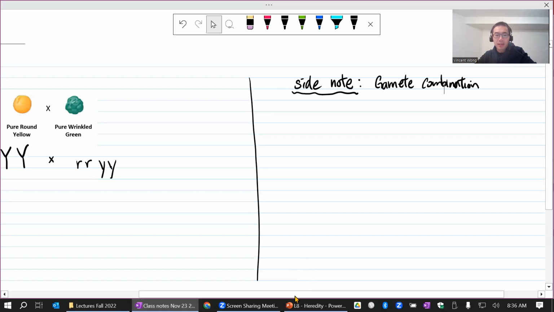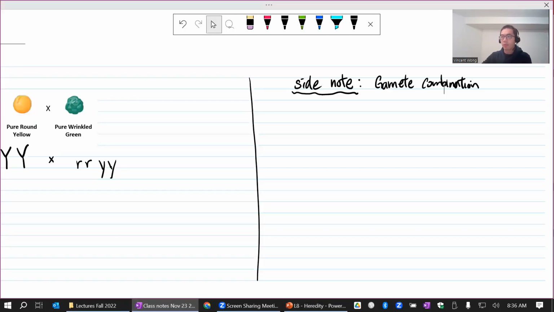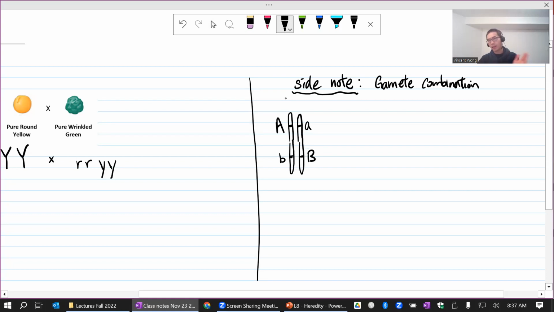What that means is, I mean, like the definition is right there, but even after reading it, it can be a little bit confusing, right? So let's explain what the law of independent assortment means. It means, let's say you have two genes that we're keeping track on. So over here, let's say it's big A and this is small a. And let's say this is small b and big B. Again, these are randomly determined.